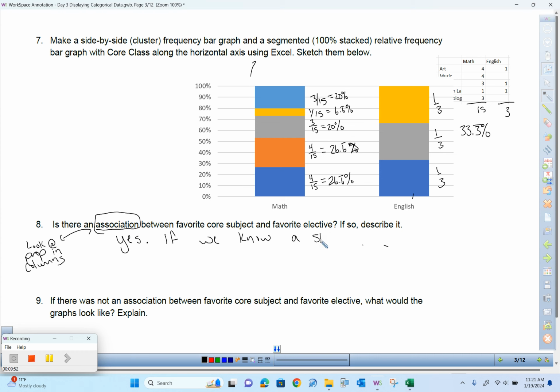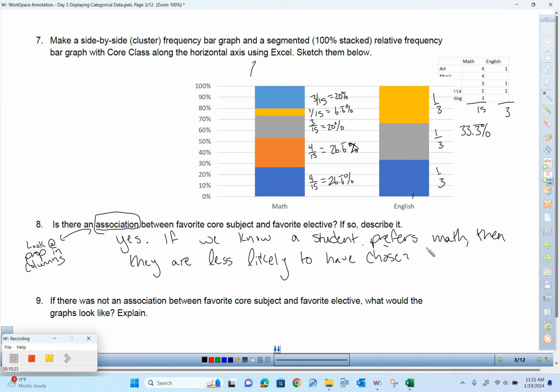a student prefers math, then they are less likely to have chosen foreign language, because that was the obvious one, as their favorite elective.